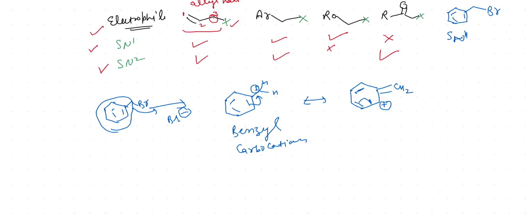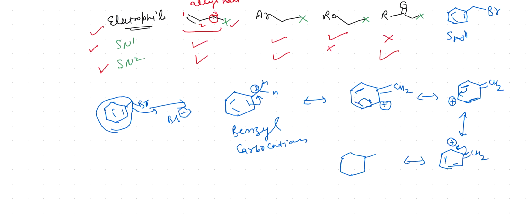Another resonating structure can be formed like this, CH2 double bond, and the positive charge will be there. One more transfer of pi electrons, also known as a mesomeric shift. Now the positive charge will be on this carbon. Then again there can be transference of electrons, because these are all conjugated in nature.